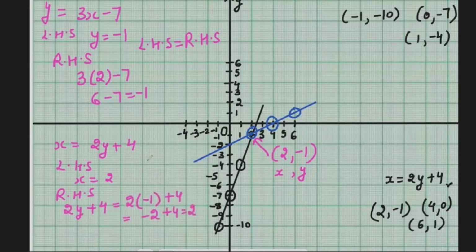So here also we get left hand side equal to right hand side. That means the solution which we found from this graph, 2, negative 1, is the right solution. If you do not get left hand side equal to right hand side for both the equations, that means you have done something wrong, so you have to recheck your working again.